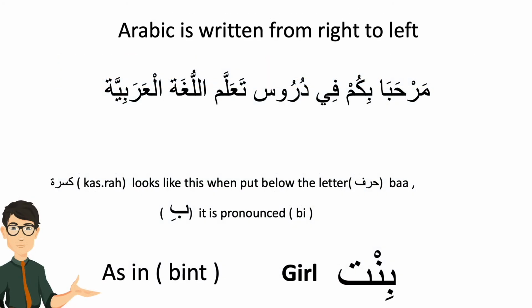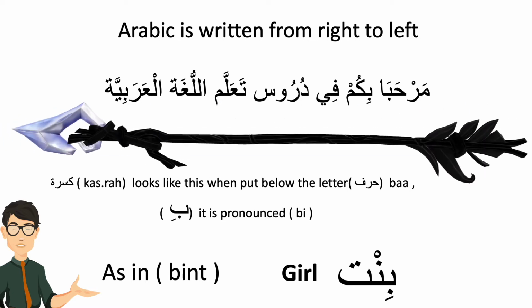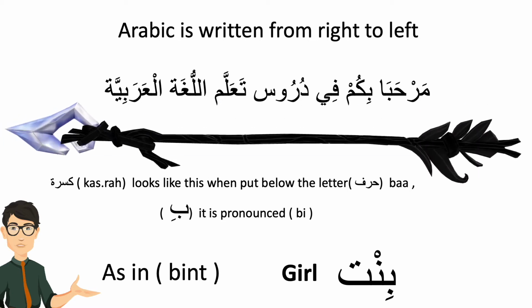We need to know how the language is written. Arabic is written from right to left. And like English, Arabic has both vowels and consonants. But the vowels in Arabic are not actual letters.